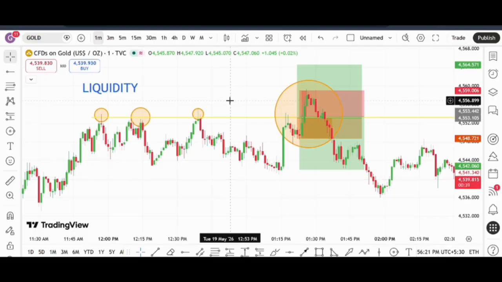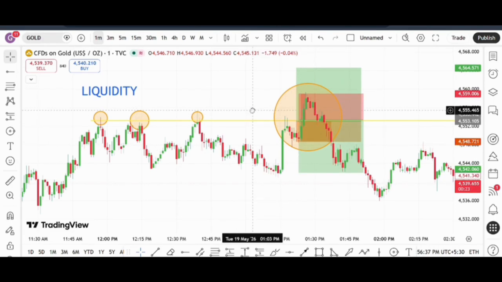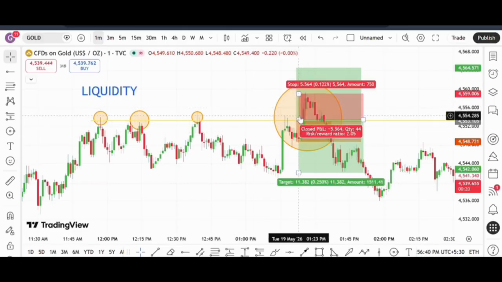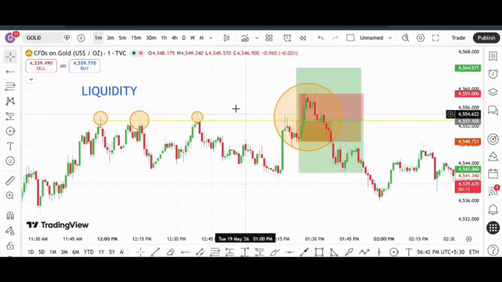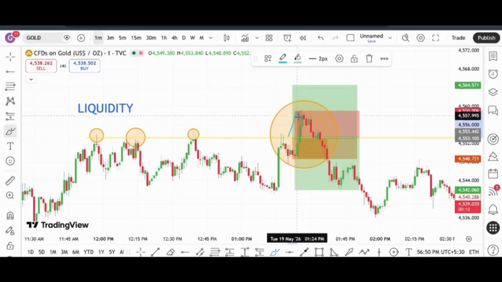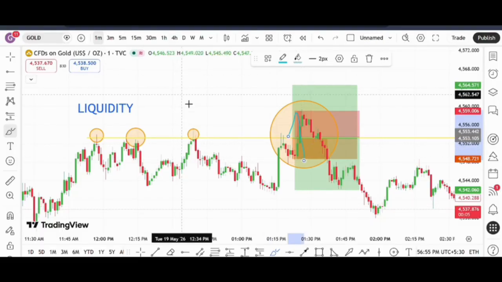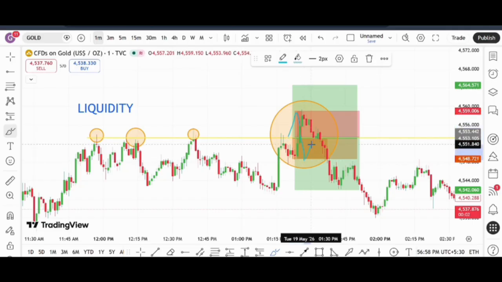And now, what does smart money do here? Many times the market pushes price slightly above the highs and takes all the liquidity, its stop losses, and traps breakout buyers. Just like here, see, I recently explained. Here what happens? Breakout came and price went slightly upside, hit the buyers' stop loss, and reversed downside strongly.